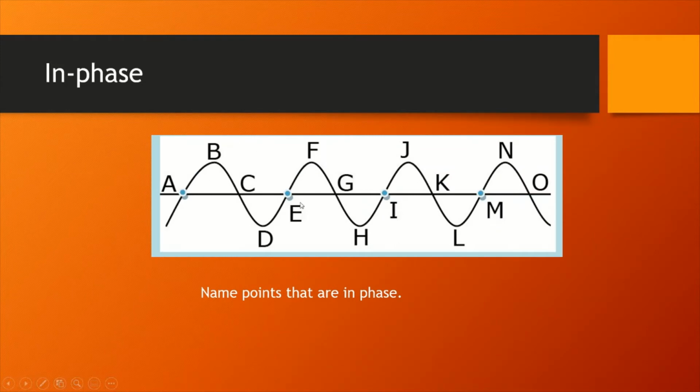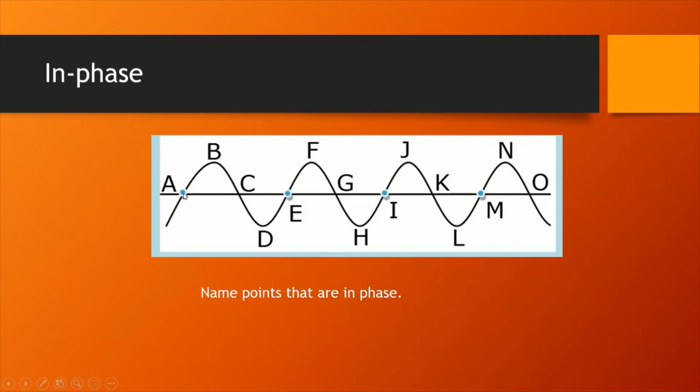Let's look at this graph here. I have marked points A, B, C, D until O. Can you name points that are in phase? Let's say A. Which points are in phase with A?